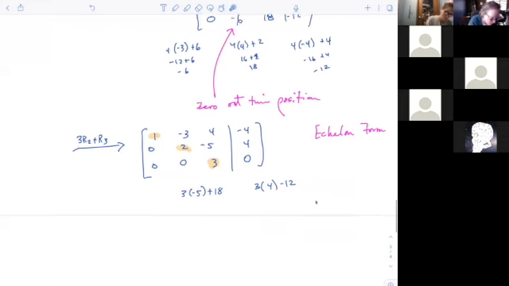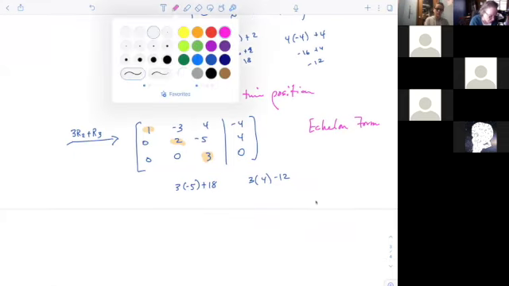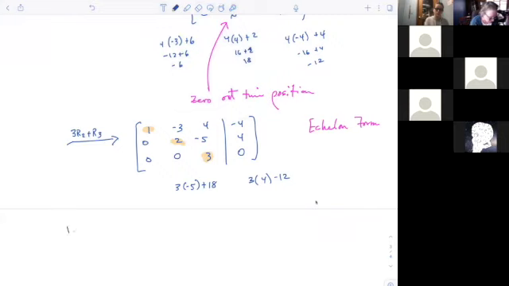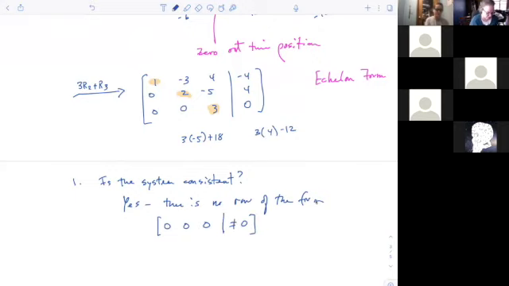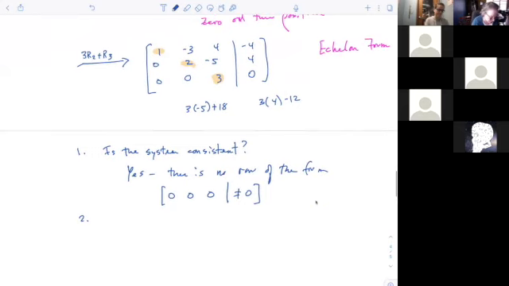So question number one, is the system consistent? The answer is yes. There is no row of the form 0, 0, not 0.